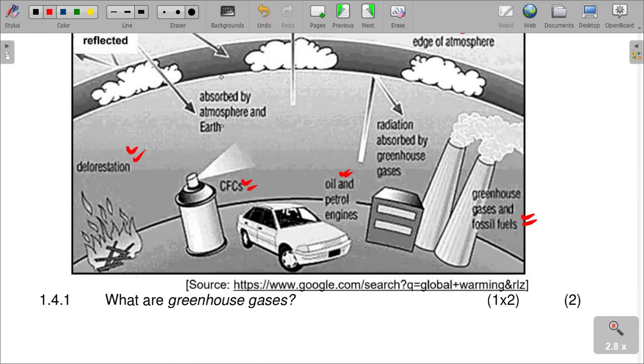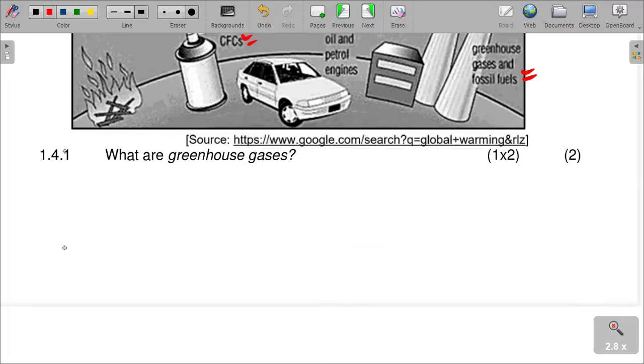what are greenhouse gases? Basically we refer to these as gases that are emitted into the atmosphere that trap heat and cause a global increase in temperatures.